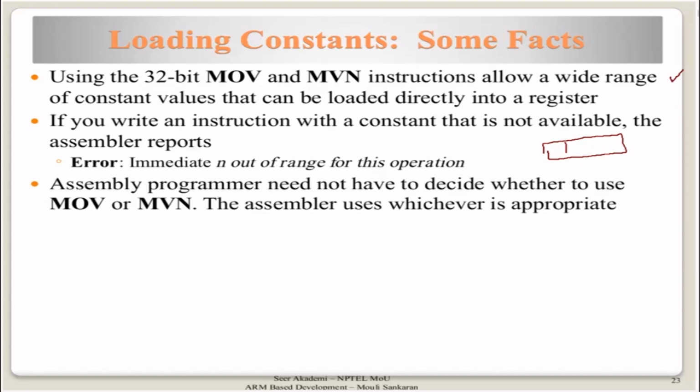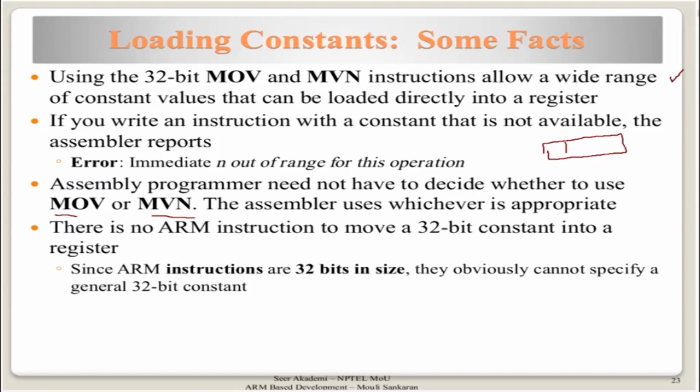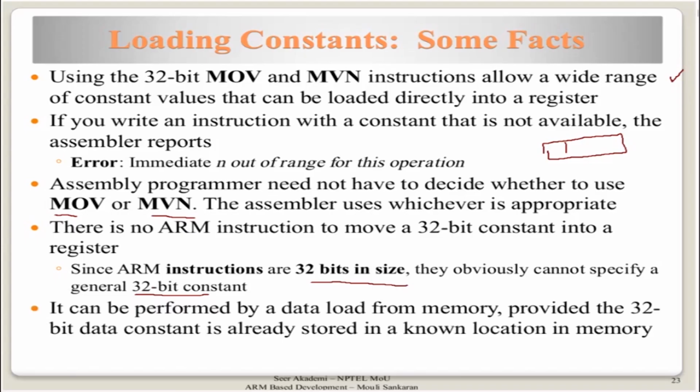The assembler chooses the right instruction based on the constant value you are trying to copy. Because ARM instructions are 32-bit in size, you cannot mention a 32-bit constant directly, but it chooses a particular type of instruction to do the job.